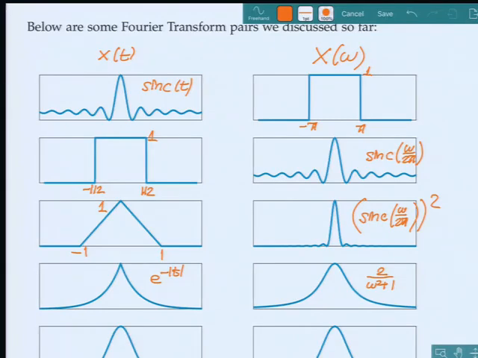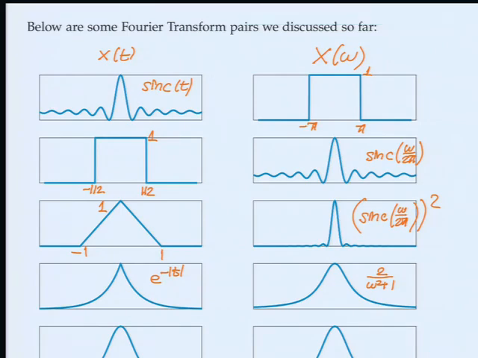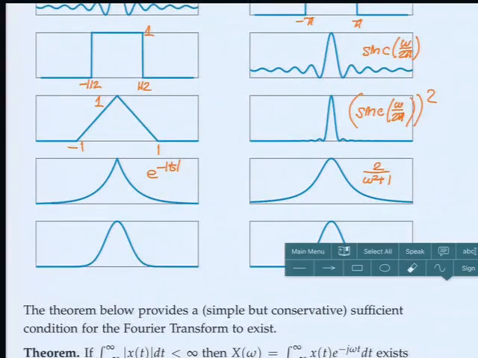We had the one-sided exponential, but of course, because it's not symmetric, it gives us a complex valued transform. To make things look pretty, I'm only using symmetric signals in time so that the Fourier transforms are real valued. So that's why instead of e to the negative at, I'm giving you a nice two-sided symmetric exponentially decaying function. And finally, the last one is a homework problem.